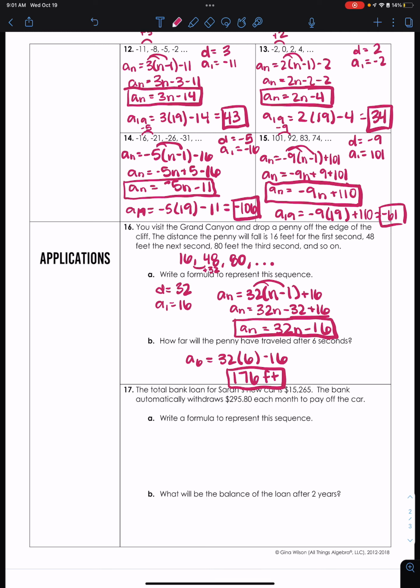All right, last one. The total bank loan for Sarah's new car is $15,265. The bank automatically withdraws $295.80 each month to pay off the car. So for this one, instead of using this arithmetic sequence, we're actually going to go back to what we know about linear functions. So we're going to use slope intercept.